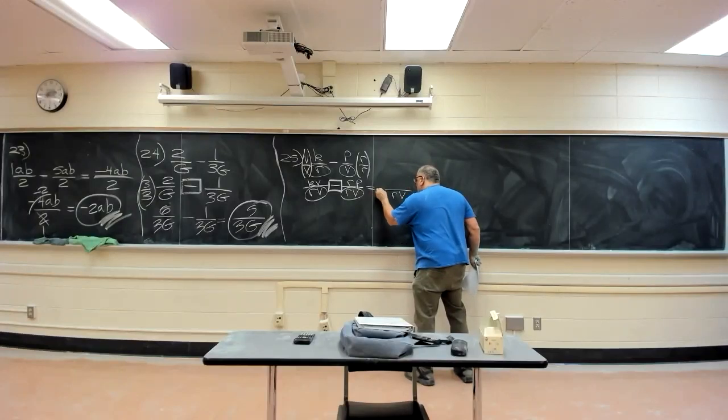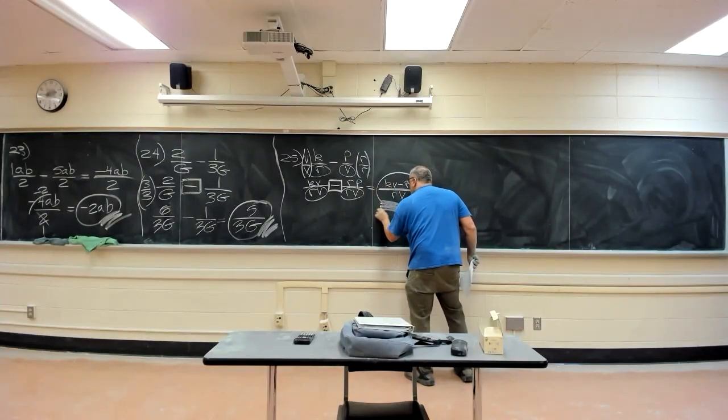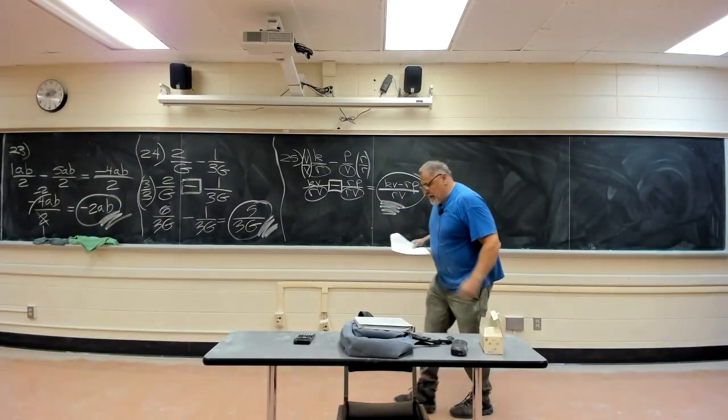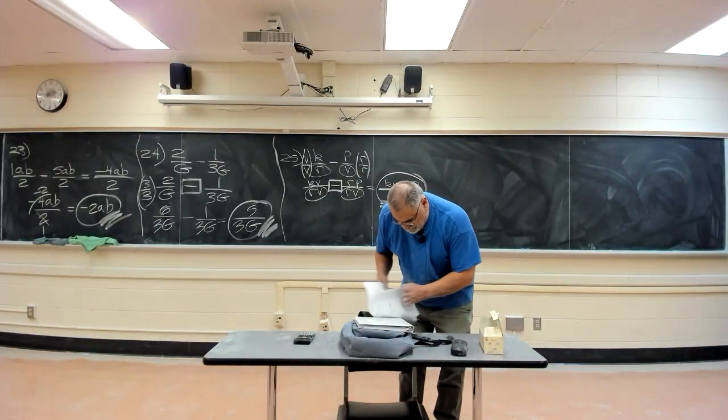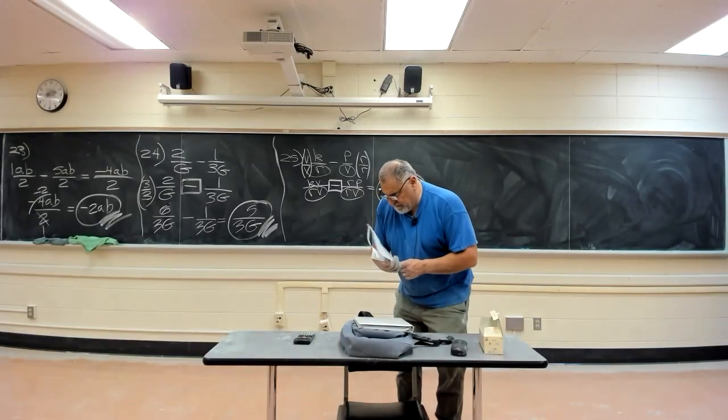Subtract the tops. RV is the common denominator. It's kv minus PR or RP. It's not a big deal. Let's make sure we get it. That is 25.